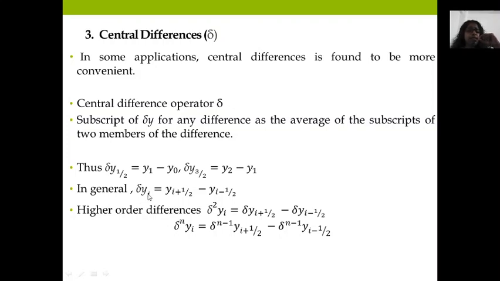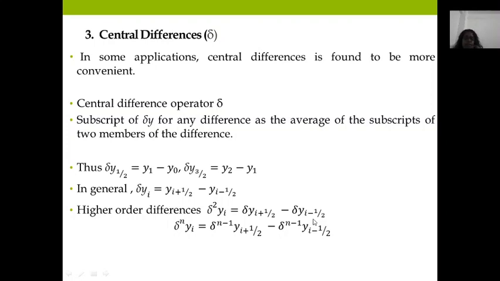This is the first order central difference, and similarly for higher orders, δ squared will be differences of delta. So δ2 yi is equal to δyi plus half minus δyi minus half. You understand one thing: the first difference, the second difference will be differences of the first, the third will be differences of the second order, in that way.